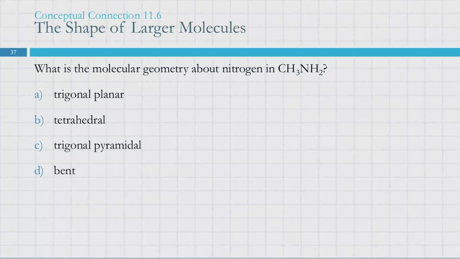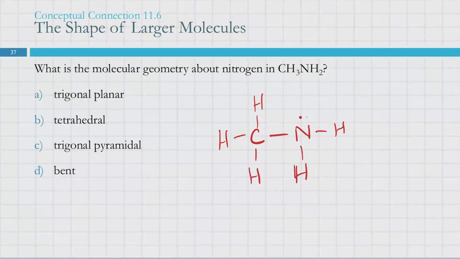All right, so this molecule is going to look something like this. Nitrogen gets a lone pair. This gives each of our hydrogens one bond like they like. Our carbon gets 4 bonds. Our nitrogen gets 3 bonds and a lone pair. It's all normal stuff. What is our molecular geometry around the nitrogen?